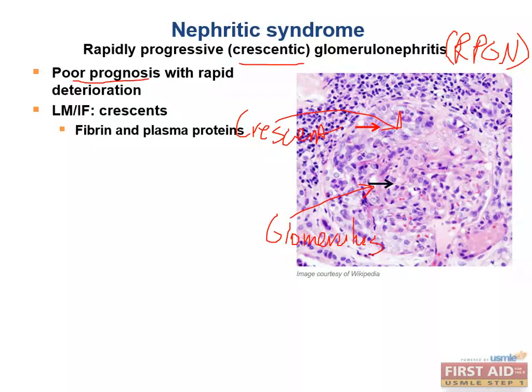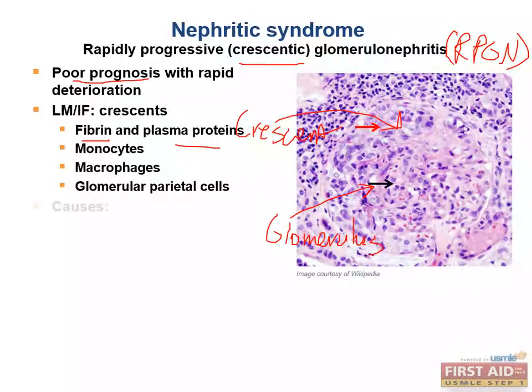The crescents are made out of fibrin and plasma proteins, as well as cells that leak out of the damaged glomerulus. Eventually, these crescents, made of fibrin, plasma proteins, monocytes, macrophages, and parietal cells, will come to fill that Bowman's capsule and will get a crescent forming around the glomerulus.